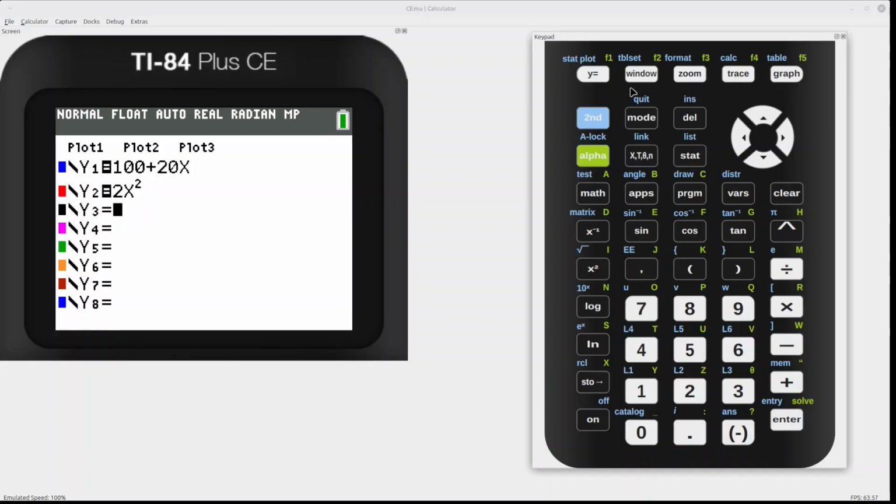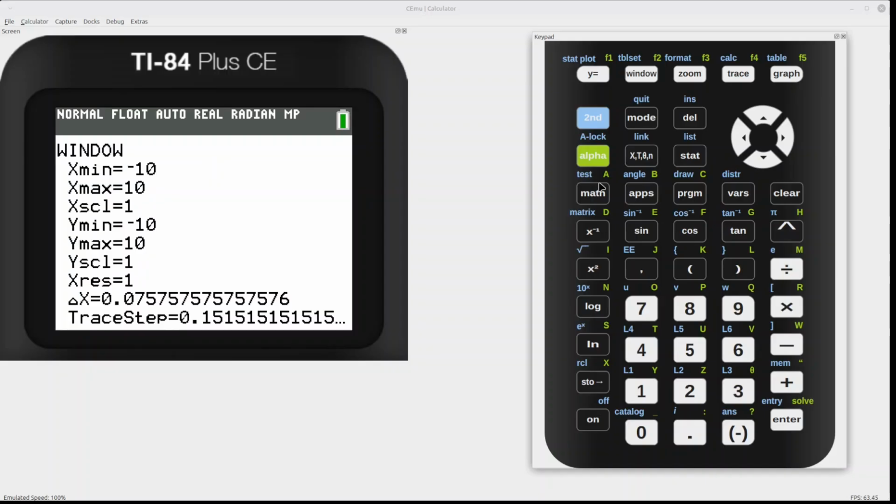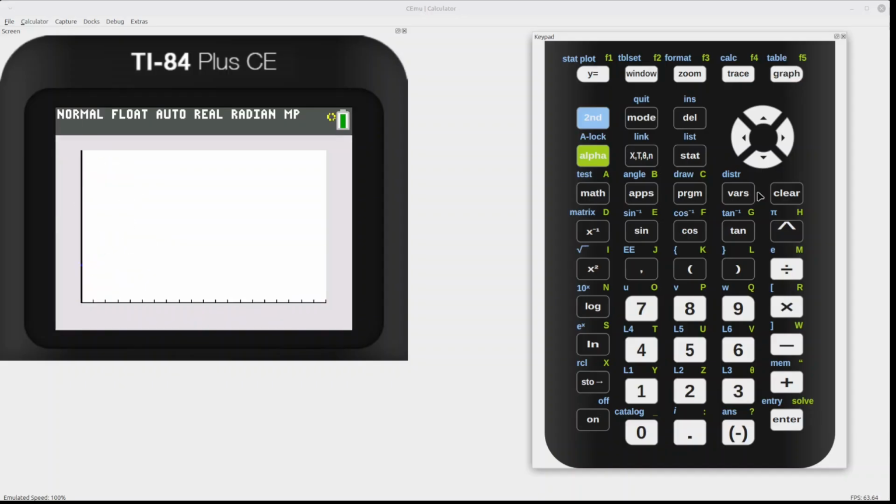All right, let's go to our window here, and I want my minimum to be 0. I want my maximum to be about 20. On the y's, minimum 0, and I'm expecting quite a large distance, so I'm going to put in a large number here, like 400. Okay, so let's graph this.